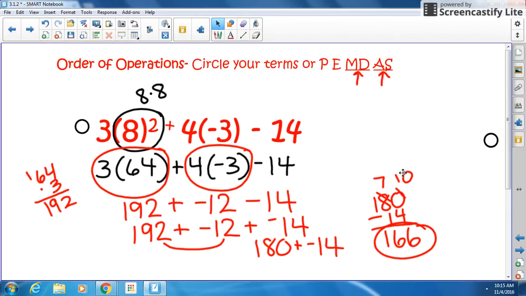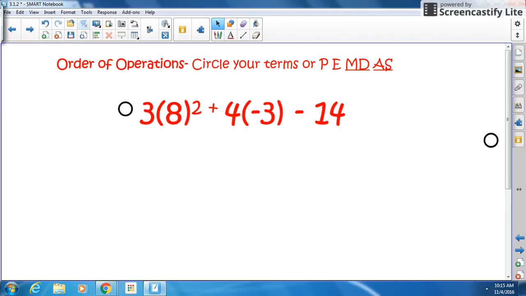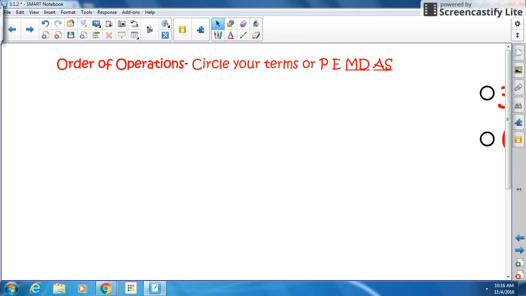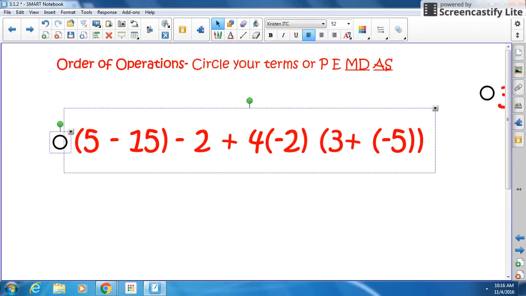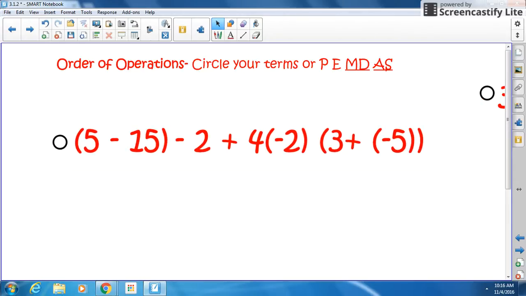That's one example. Another example that I could do, now this one looks a little bit more complicated, but again, I'm going to go step by step through PEMDAS and circle my terms. Parentheses, I see lots of parentheses again. However, not all of them are made to do first. There's a problem in this parentheses, so I'm going to circle it.